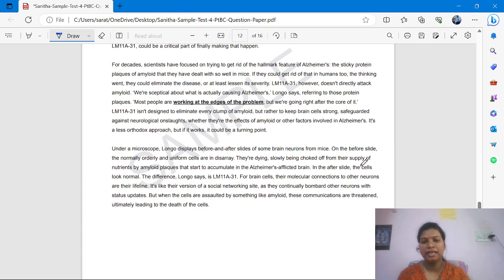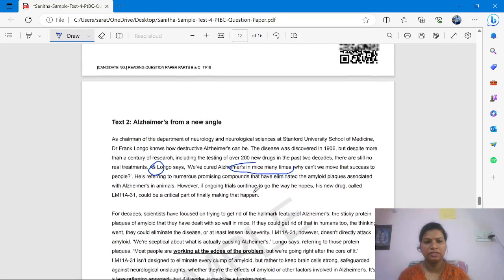In the after slide, the cells look normal. The difference, Longo says, is LM11A31. For brain cells, their molecular connections to other neurons are their lifeline. It's like their version of a social networking site.